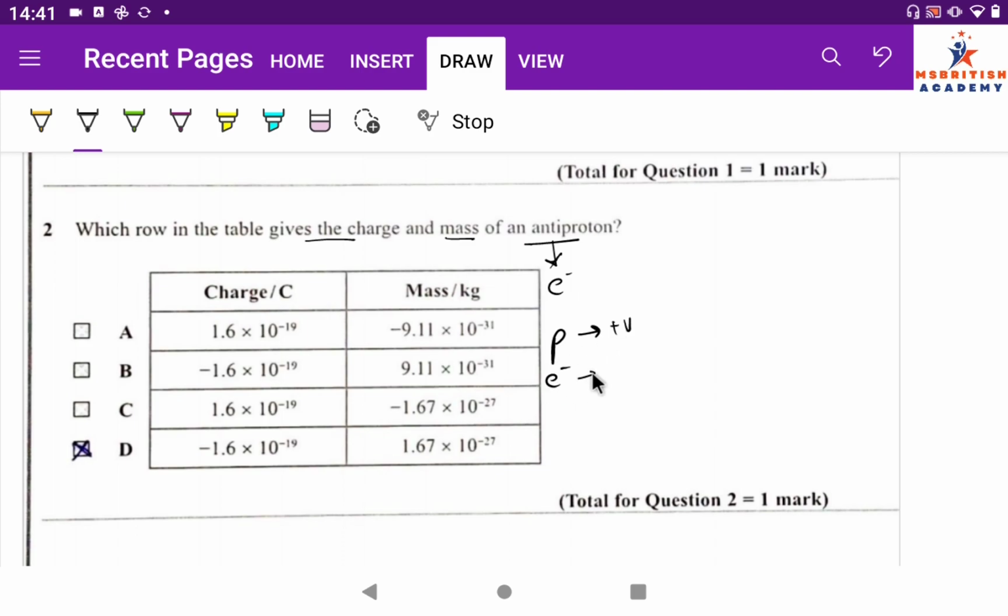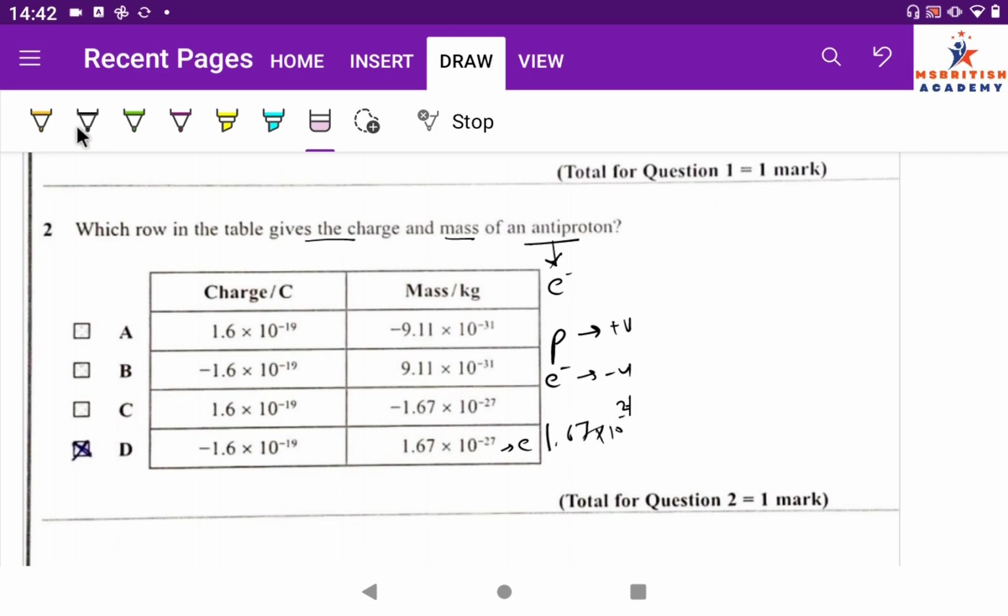And the mass of a proton, as we know, is 1.67 times 10 to the power minus 27 kg, and the charge of the antiproton will be negative. So you can say here this mass is for the proton and this mass is for the electron, and mass can't be negative, so this is option B.